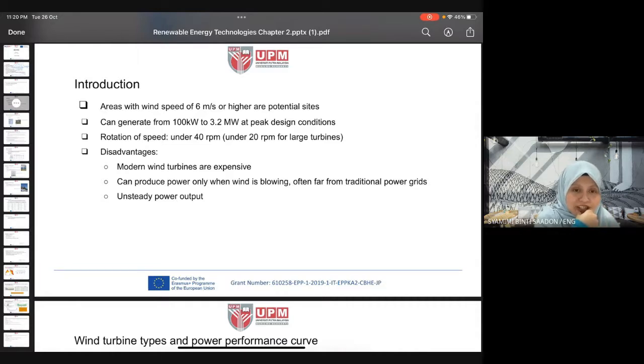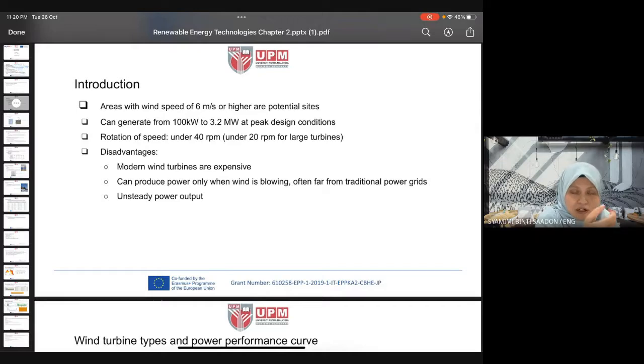This wind energy can generate from 100 kilowatt to 3.2 megawatt at peak design conditions. Certain wind turbines are designed at different design conditions in order to achieve optimum efficiency and performance.